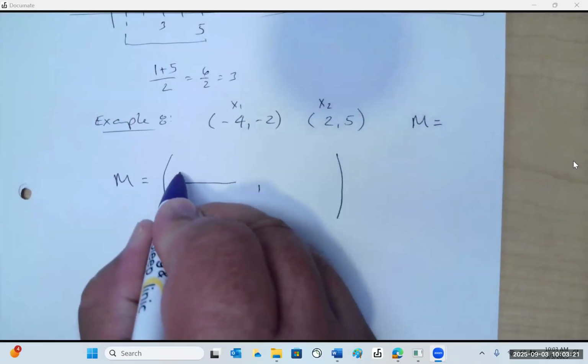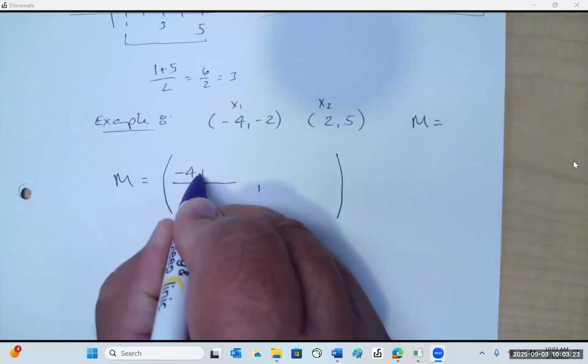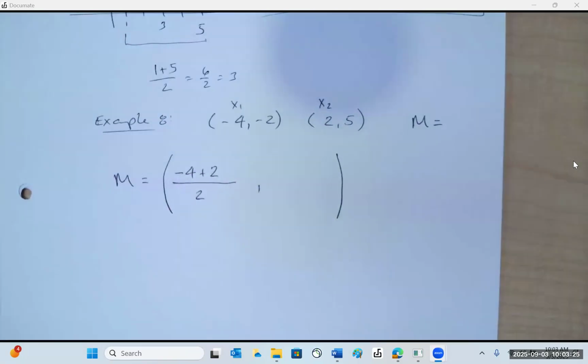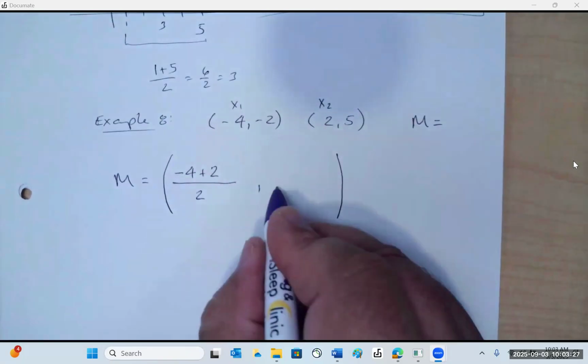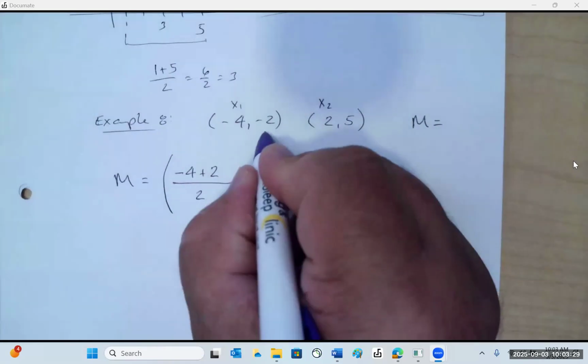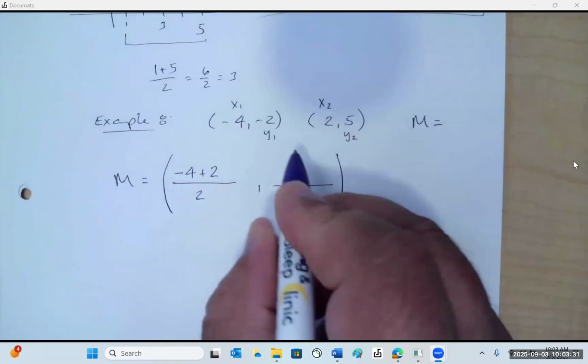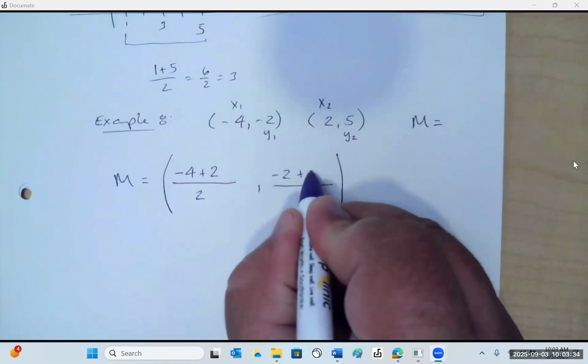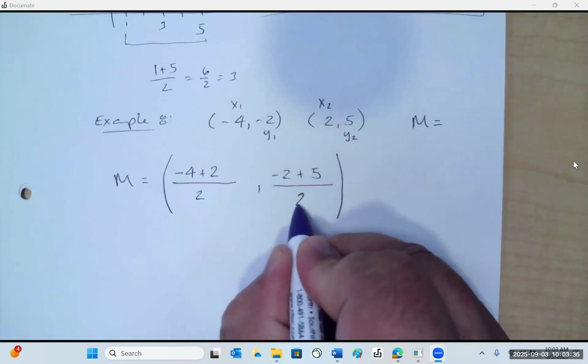So I add those two together. So -4 plus 2 divided by 2. y1 plus y2. So it's -2 plus 5 divided by 2.